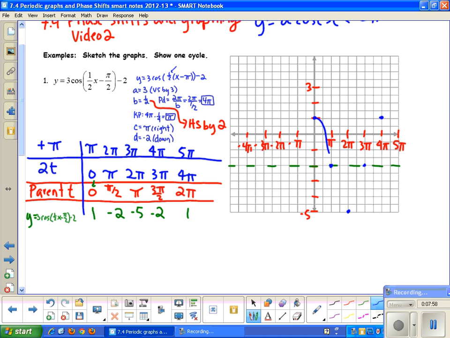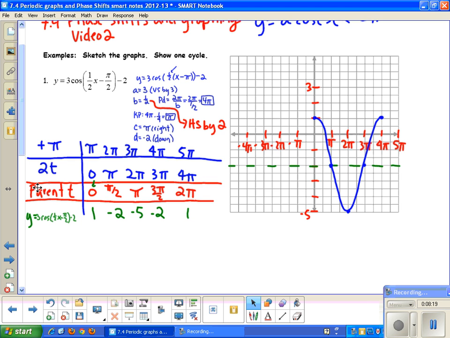So this is a wavelength without my phase shift right here. If I were to graph this without moving my graph to the right pi, this is what it would look like. But remember, that's not what our graph is because now I have to take all these points and move them to the right pi.